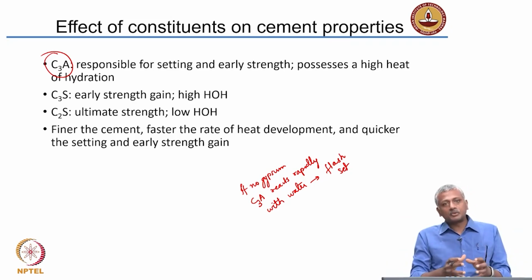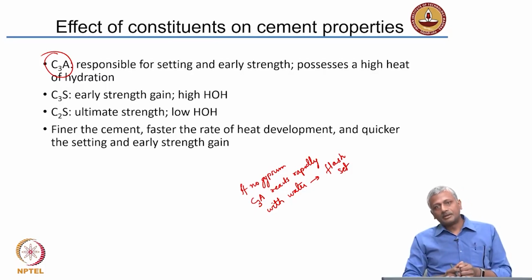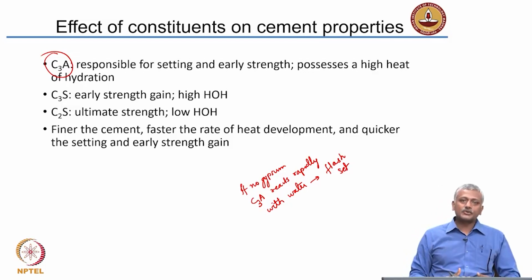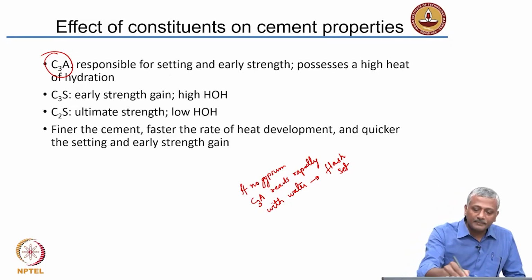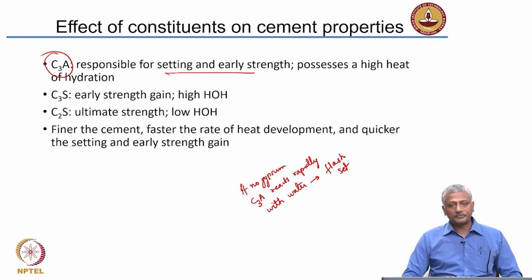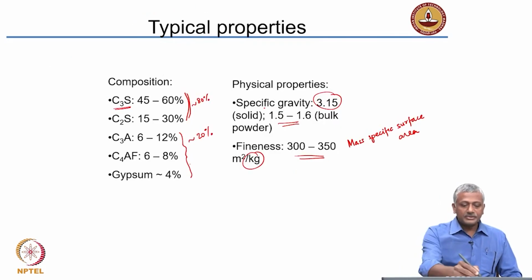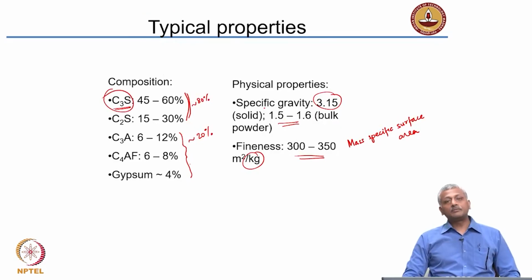So, you want this gypsum to be there to regulate the rate at which C3A reacts. But nevertheless, the interaction between gypsum and C3A is still giving rise to some early strengthening and setting of the cement. Okay? But as I said, your cement is mostly C3S because it is containing more than 50% of C3S.